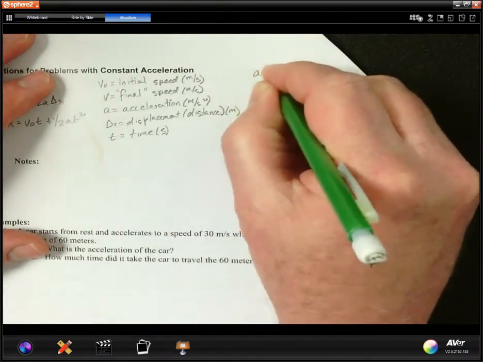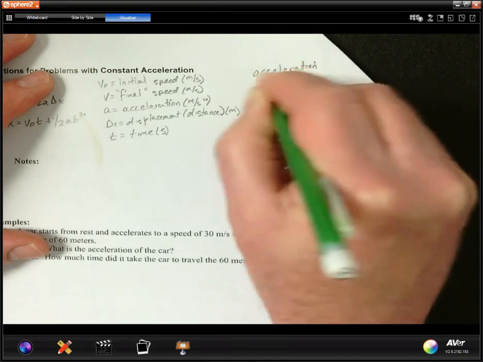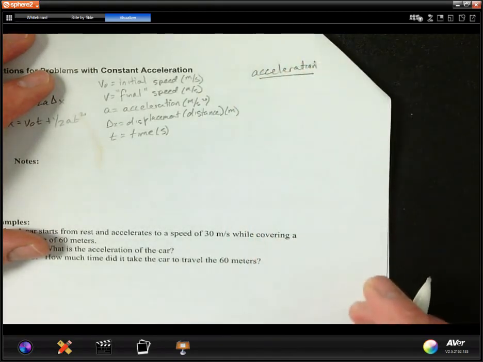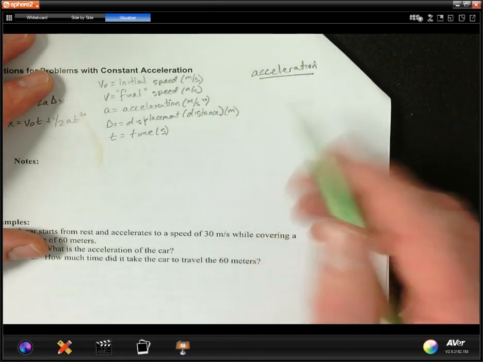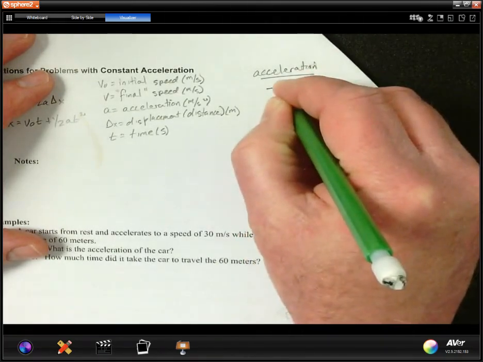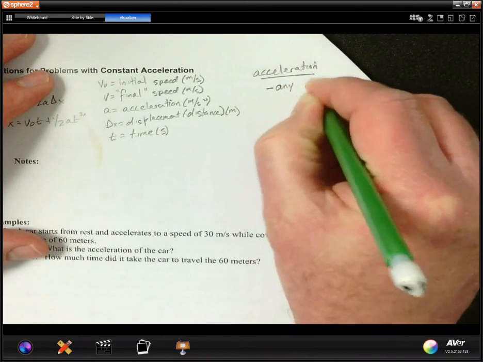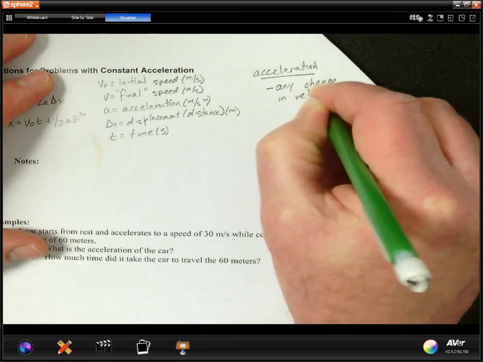And acceleration in physics has a slightly different meaning than it does when we normally talk about acceleration. In English, when we say acceleration, we mean speeding up. But in physics, acceleration is any change in velocity.